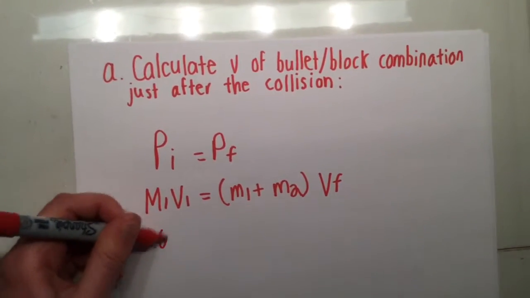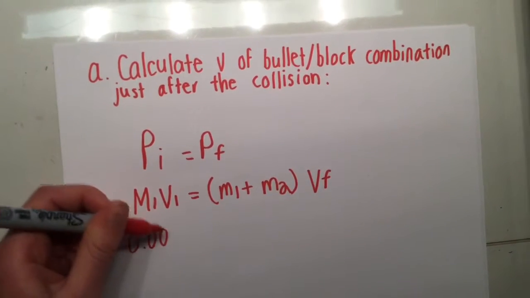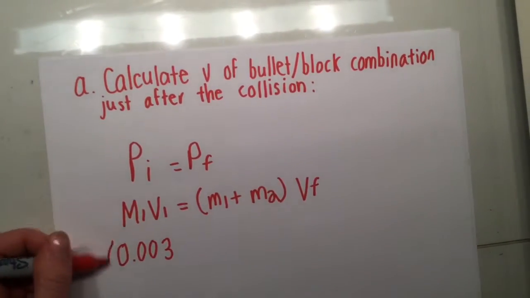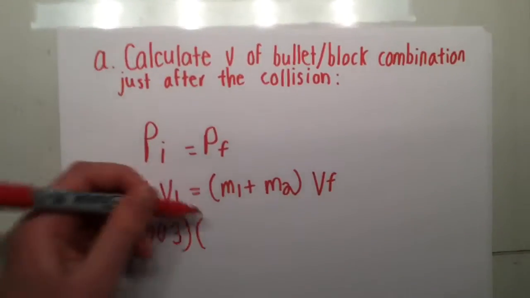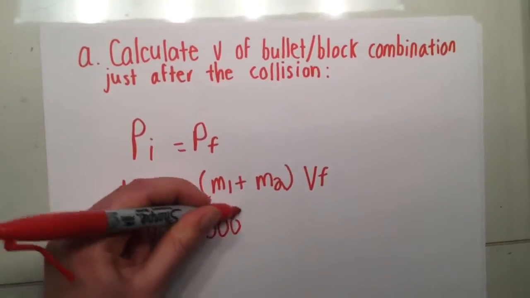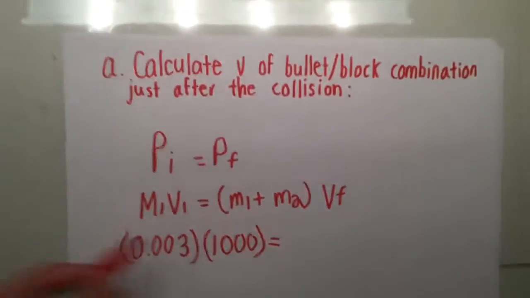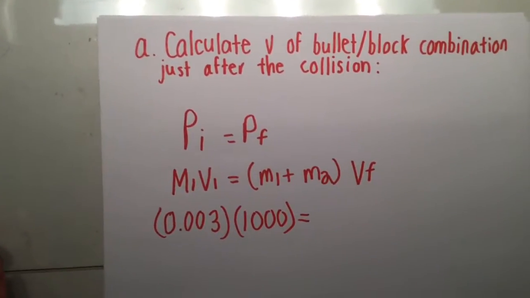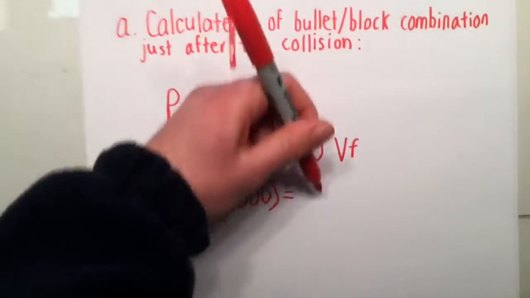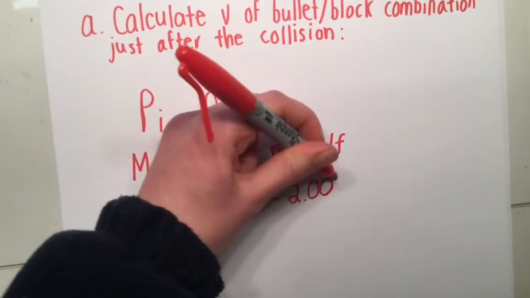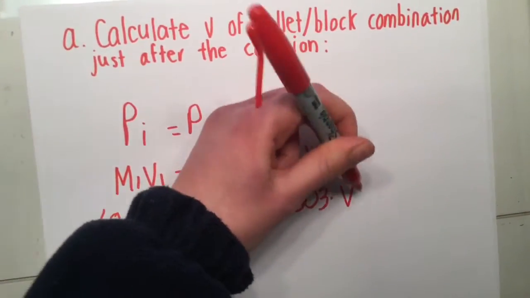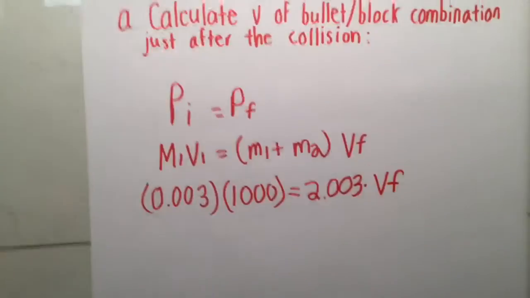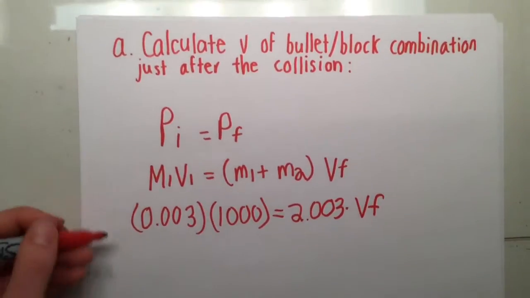For mass 1, we plug in 0.003. And for the initial velocity, we plug in 1,000. The total mass is 2 kilograms plus 0.003, which gives us 2.003 times the final velocity, which is what we are solving for.